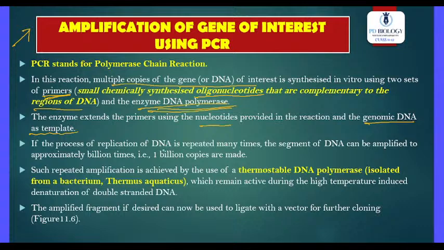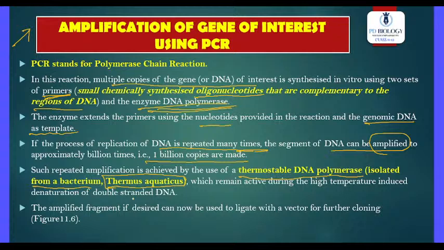If this process of replication of DNA is repeated many times, the segment of DNA can be amplified to approximately 1 billion copies. Such repeated amplification is achieved by the thermostable DNA polymerase isolated from the bacterium. Very important question, Thermus aquaticus.